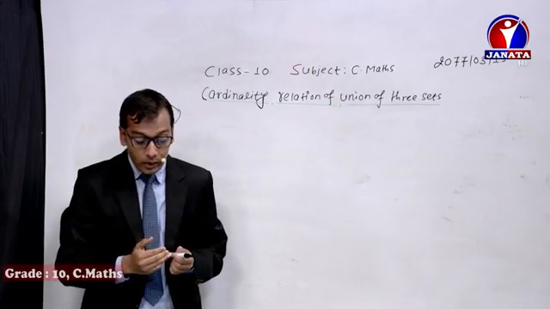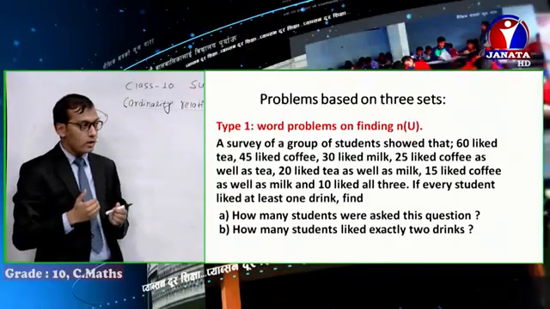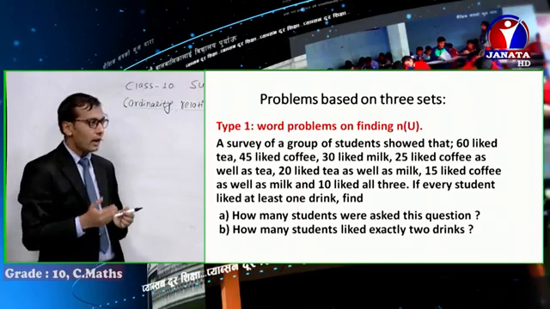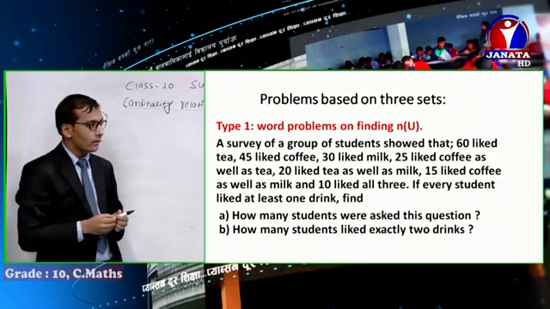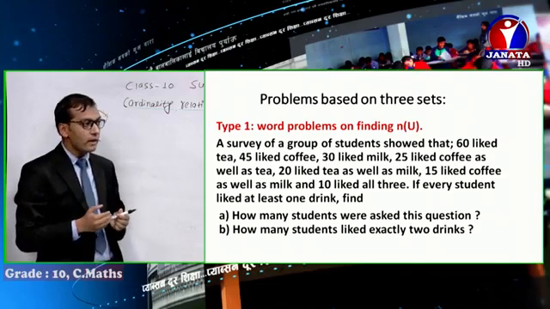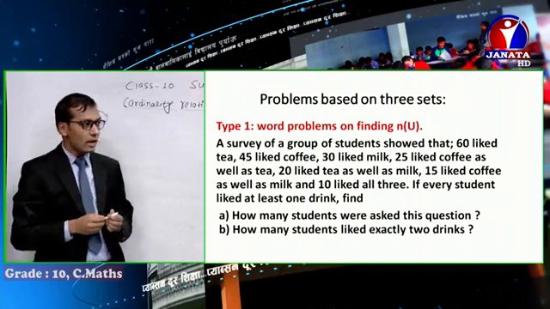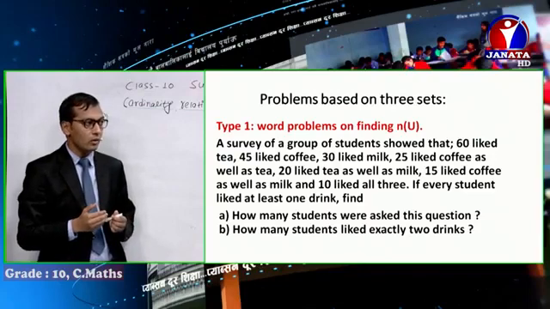A survey of a group of students showed that 60 liked tea, 45 liked coffee, 30 liked milk, 25 liked coffee as well as tea, 20 liked tea as well as milk, 15 liked coffee as well as milk, and 10 liked all three.